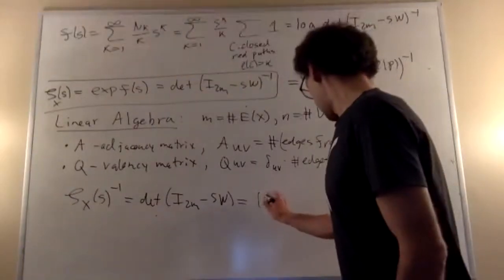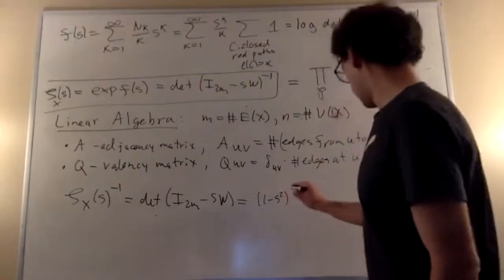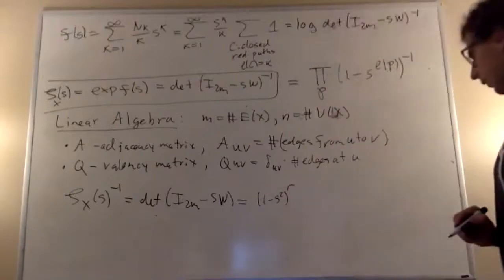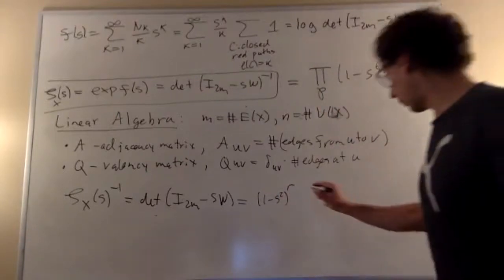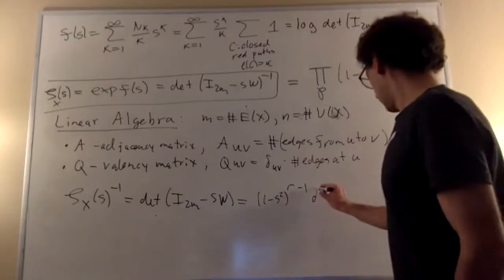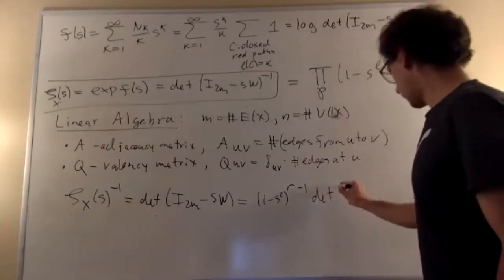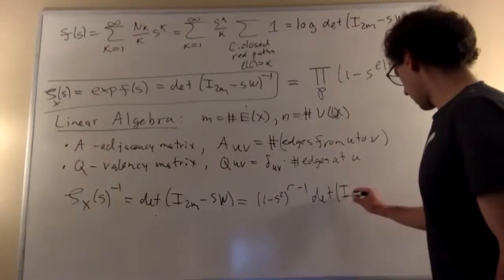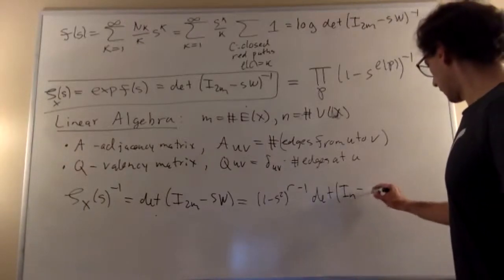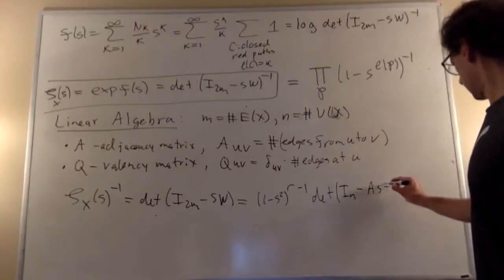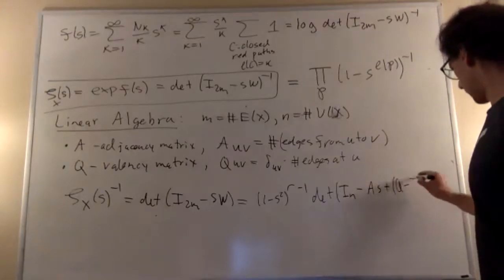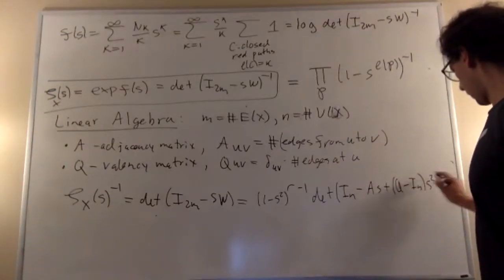There's going to be a (1 minus s squared) to the r minus 1, I'm going to explain what this is in a second, times the determinant of the following matrix: I_n minus As plus (Q minus I_n) s squared.